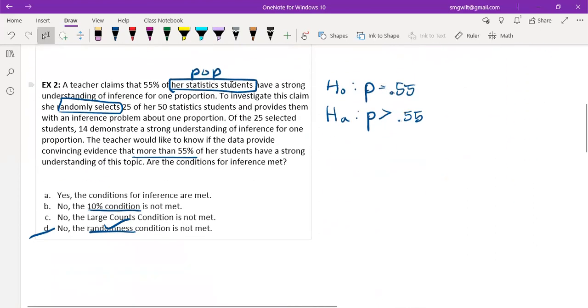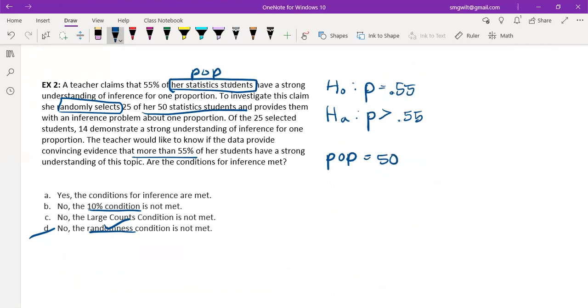If my population is 50, she says she has 50 statistics students. So that means that her population is only 50 and her sample is 25. If we think about what percentage that is, that's half. So for this condition, we're doing 25 divided by 50, and that's 0.5.